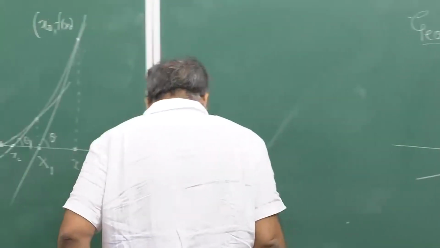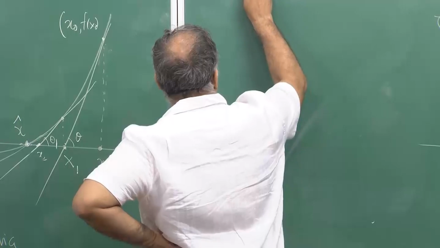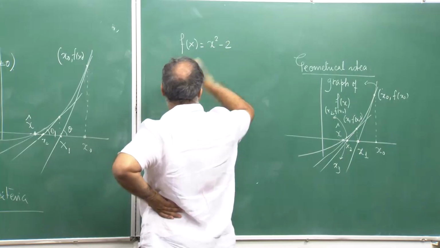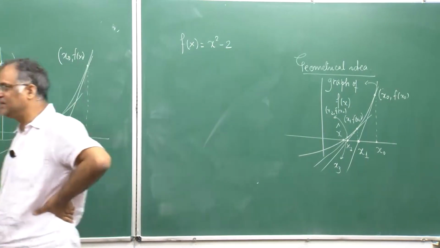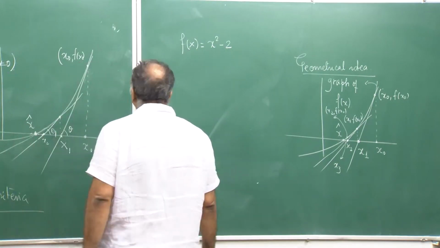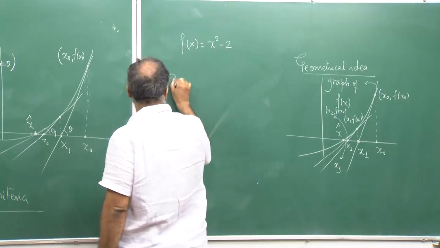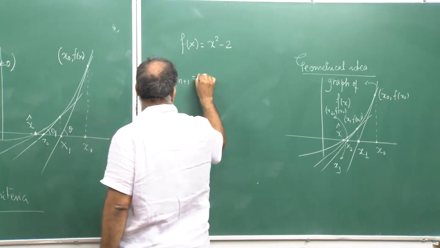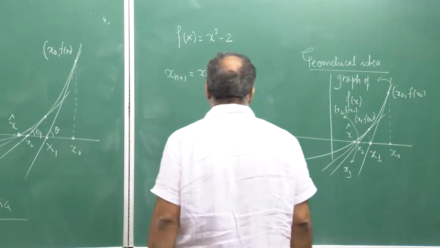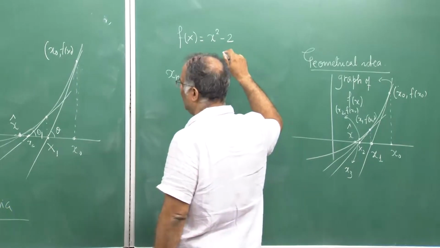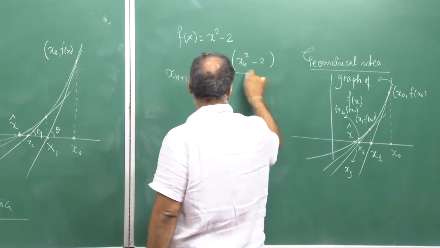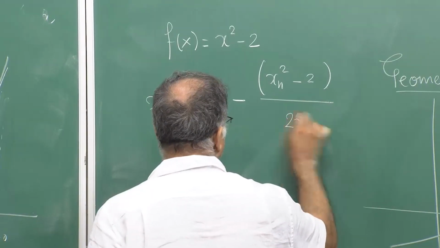For example, if I want to solve the equation f(x) equals x square minus 2, what I am trying to find is x, the square root of 2. So how do I compute this by this methodology? My Newton iteration scheme is x(n+1) equals xn minus f of xn, which is xn square minus 2, divided by 2xn.